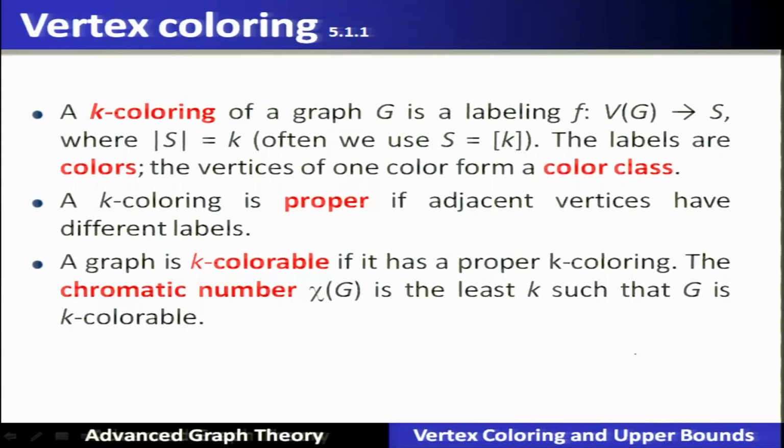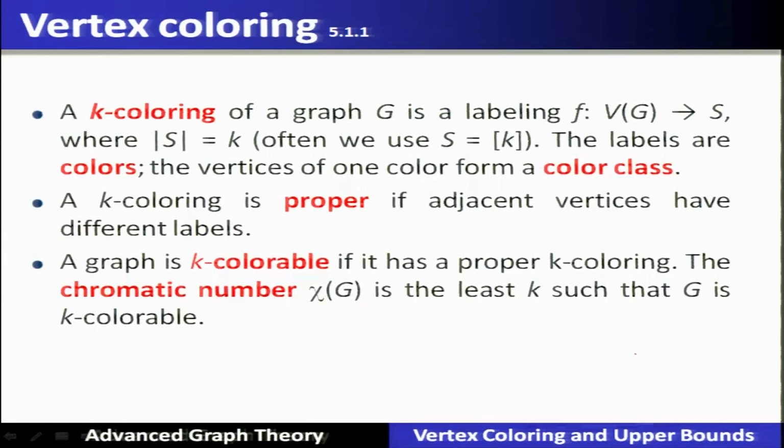A K coloring of a graph G is a labeling function f which maps vertices of G to S, where S is a set of K different values. These are called labels, or these labels are the colors.